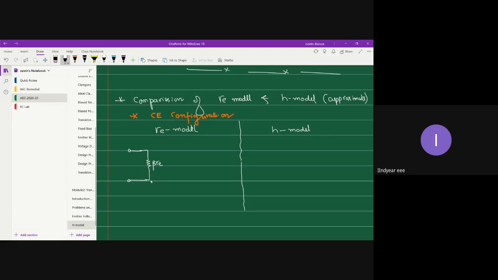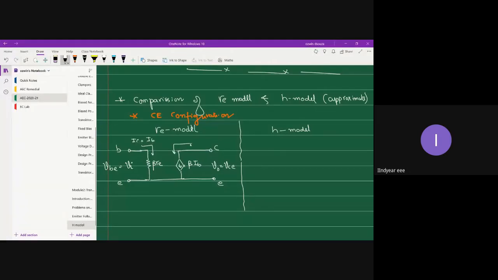You have beta RE and you have beta IB. This is your VI. This is your base, emitter, collector, and emitter. This is your V naught. So V naught is VCE and VI is VBE. And this is your input current II, which is equal to IB.